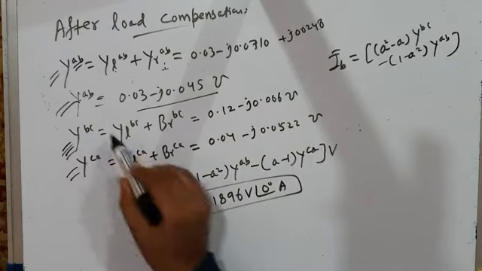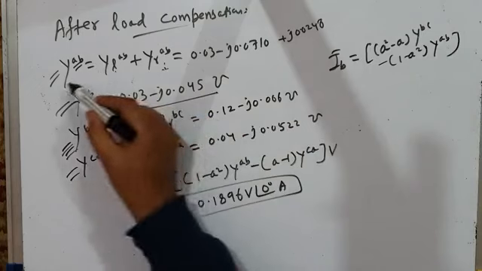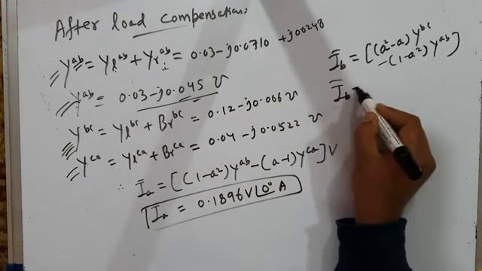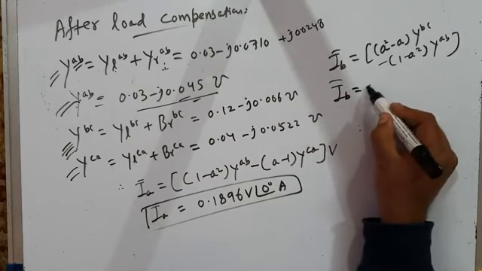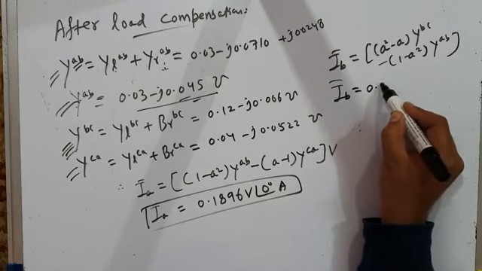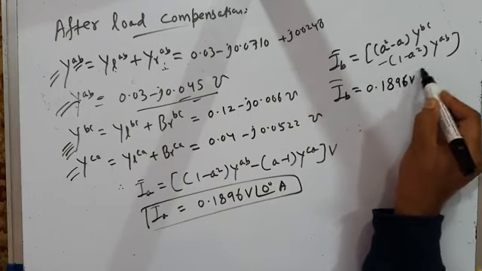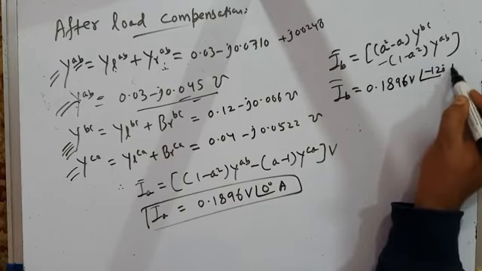YBC is with you, this is its value, and YAB is this value. Substitute, and you will see that line current IB is 0.1896 V at an angle of minus 120 degrees amps.